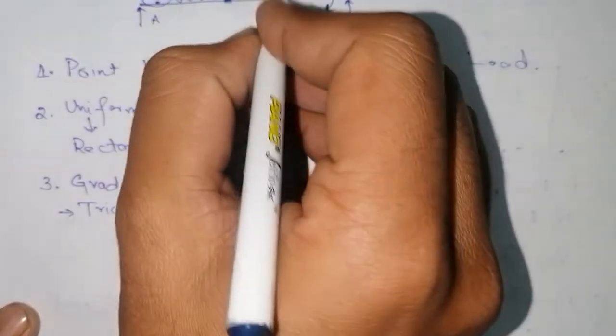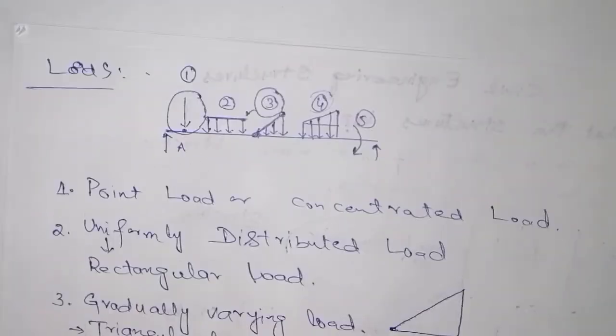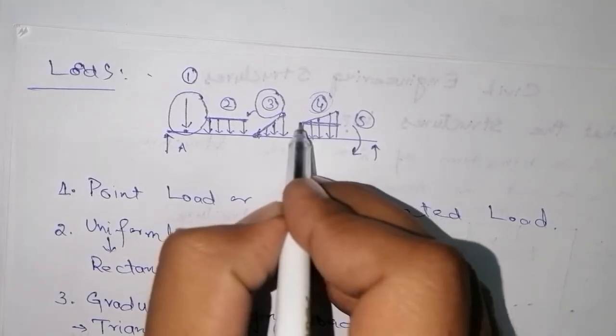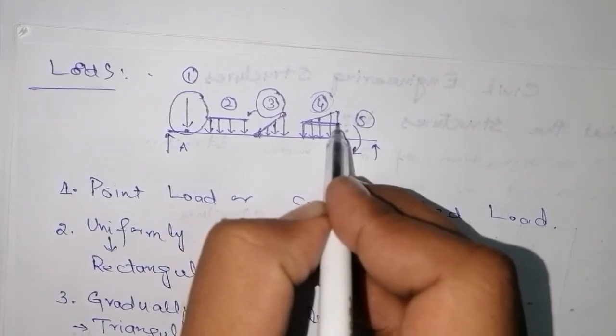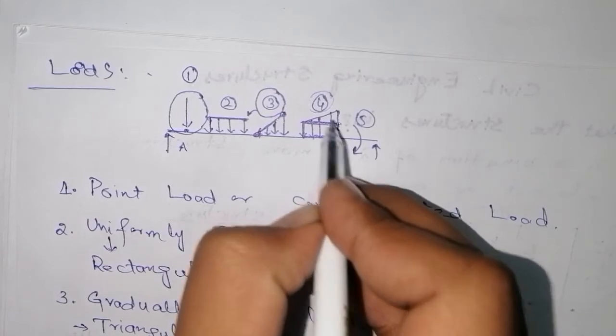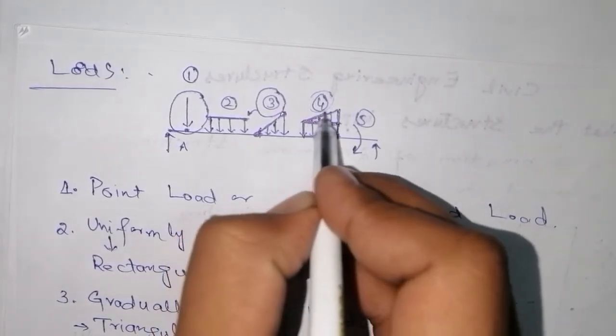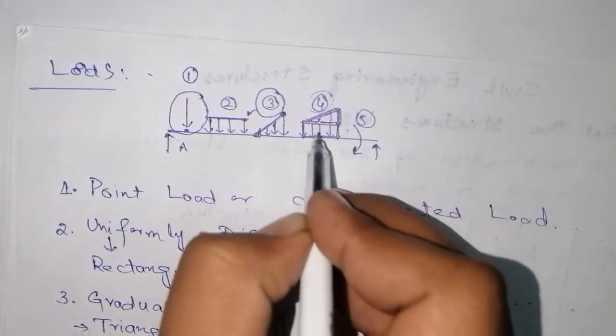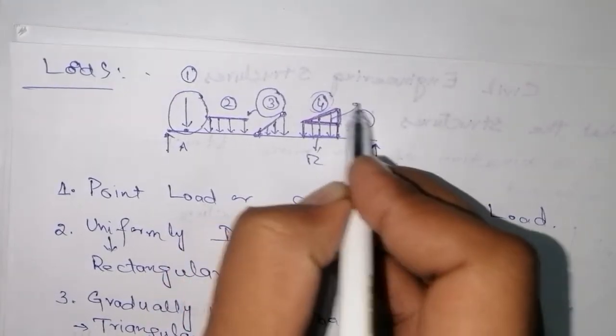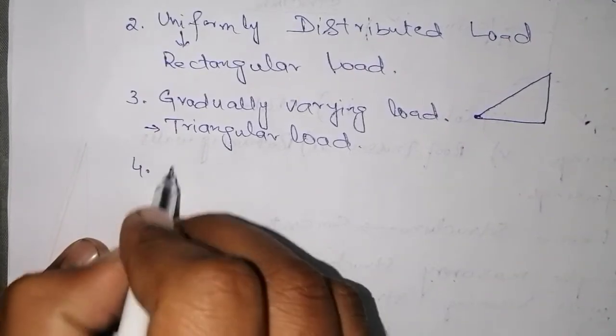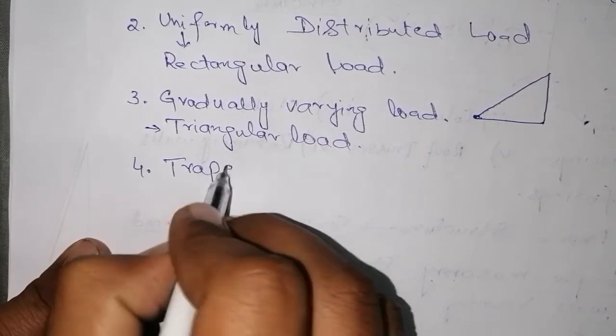At number 4 we have this value. We can see in this figure, this is a combination of a rectangular loading, and with this an additional triangular loading is also applied. So this is a combination of rectangular loading and triangular loading. So we can say that this fourth one is trapezoidal load.